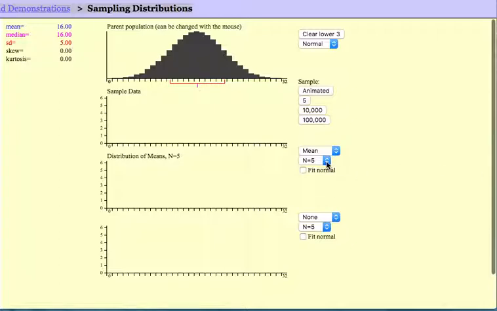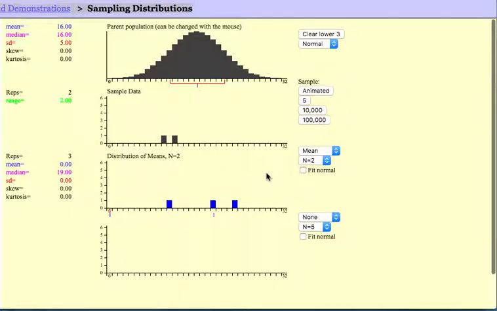So I'm going to go ahead and take a random sample of 2 students from this population and calculate their sample mean. So these are the 2 students and this is their sample mean. And I'm going to take another random sample and this is their sample mean. And likewise, let's take a third sample and this is their sample mean.